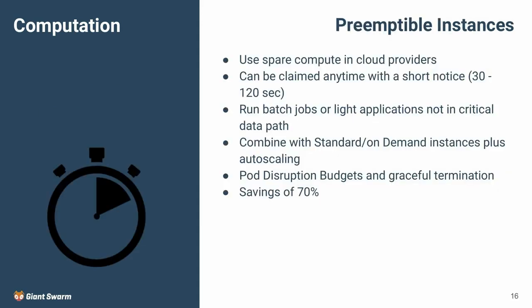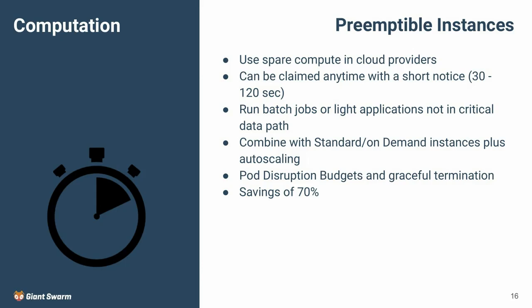Another computation topic that we can rely on to save cost is preemptible instances, or what is called in some cloud providers spot instances. At the end, these are resources that are spare in the data centers of our cloud providers.